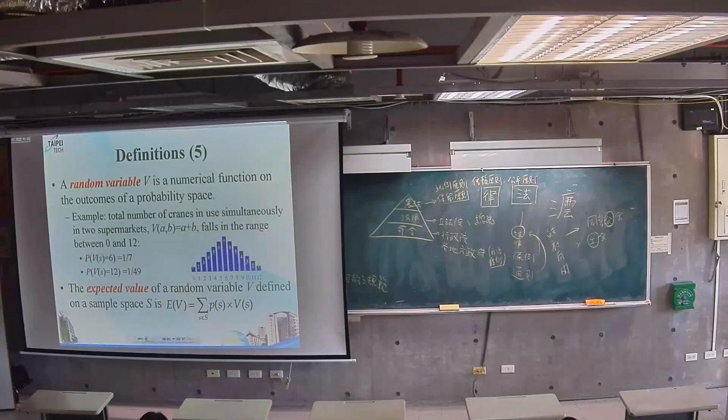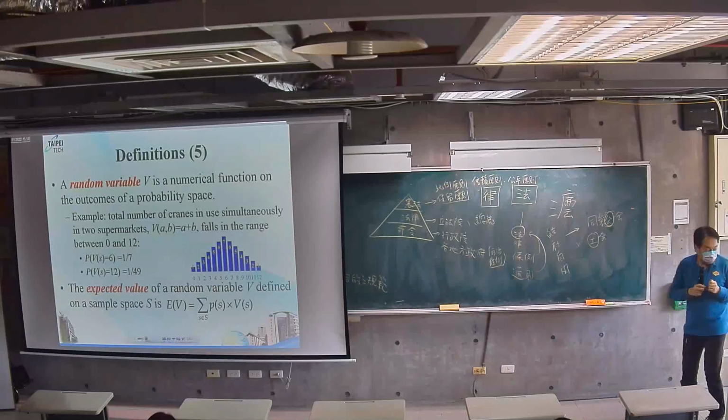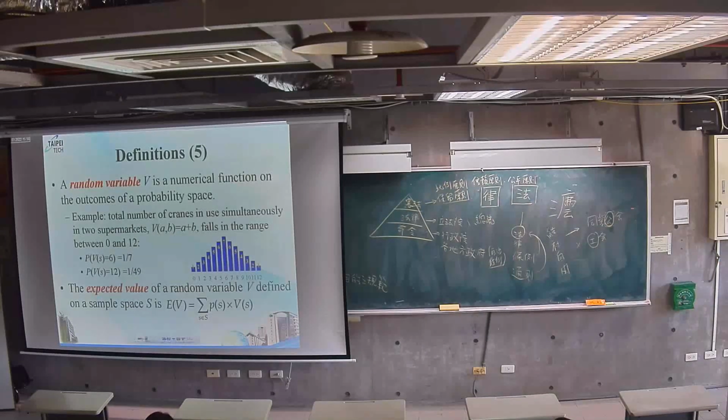So we may associate this random variable value with the probability, like 7 over 49. That would be 1 over 7, because for this kind of variable we have 7 outcomes. So when the number of crayons in use is 6, the probability would be 1 over 7.